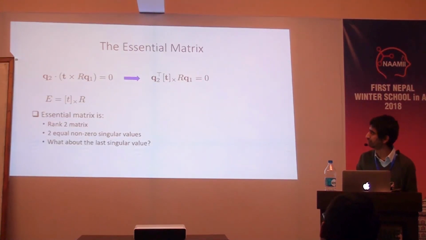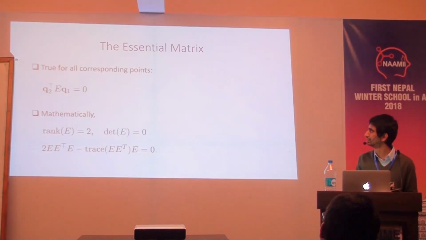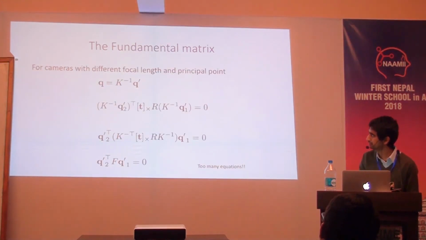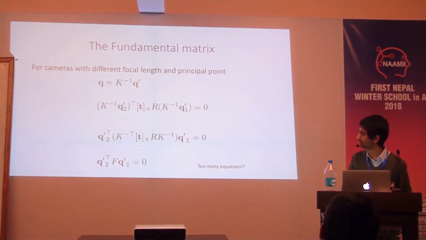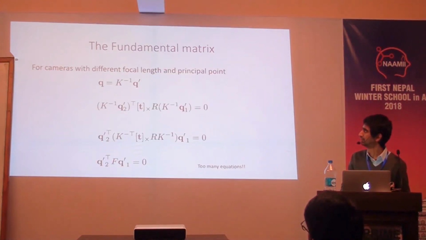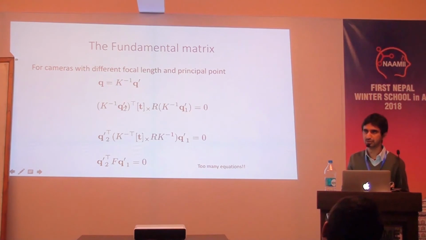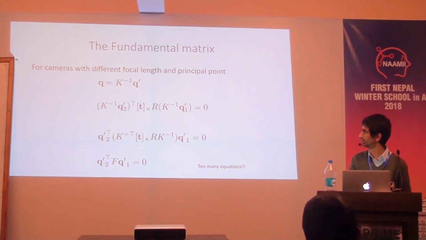So the essential matrix is only valid for Q, not for Q prime. This looks a bit involved, but what I'm doing is just substituting the value of Q into the original equation here. So you have K inverse Q now, because you can only measure Q prime. You only know the real camera images. You don't know the pinhole camera images.